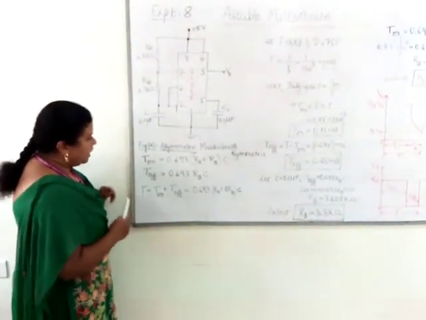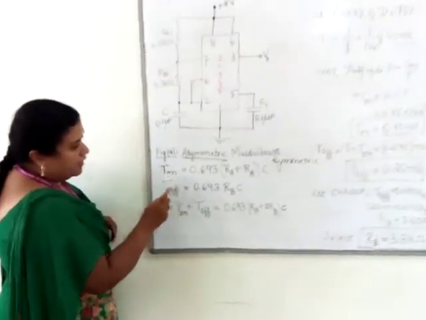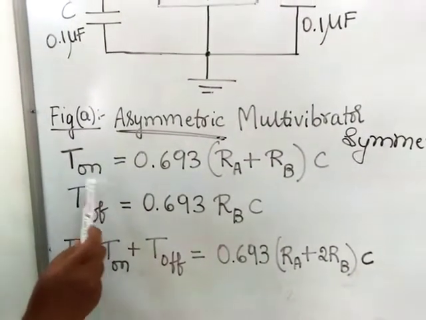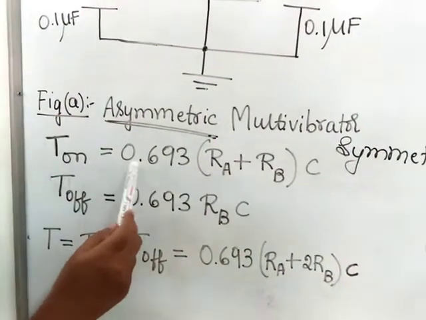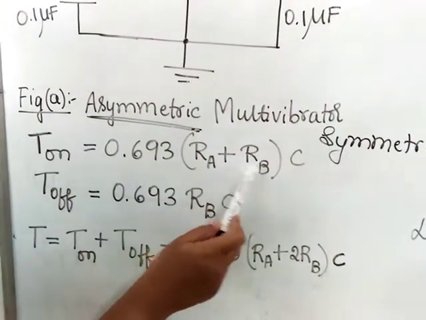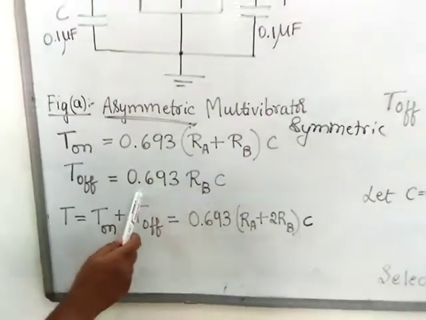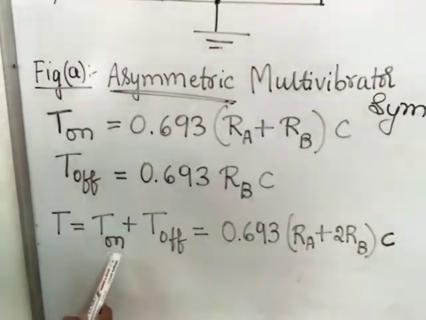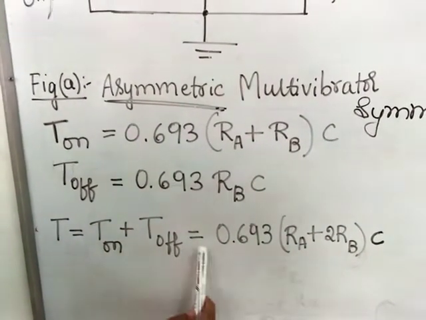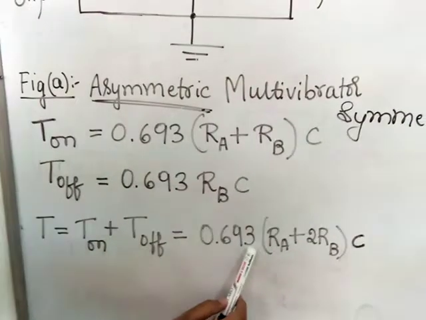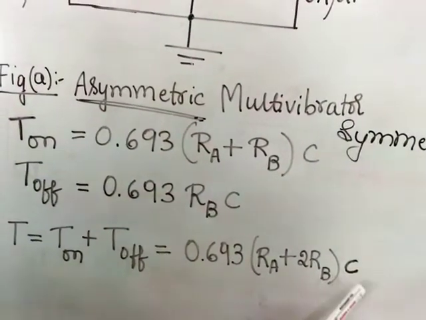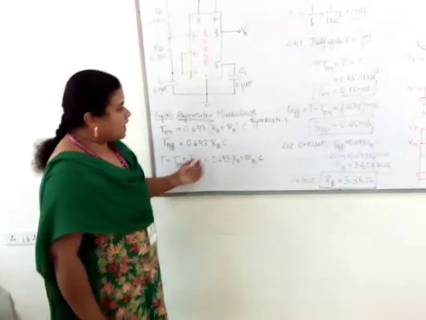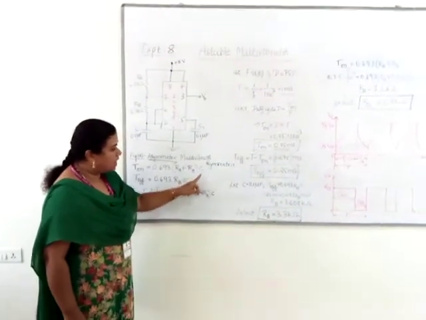From the theory part you already know the derived equations for T on, T off and T. The expression for T on is equal to 0.693 into (RA plus RB) into C, and T off is 0.693 RB into C. The total time T is equal to T on plus T off, so the equation modifies to 0.693 into (RA plus 2RB) into C. You need to remember these equations. From these equations we can calculate the values of RA, RB and C.